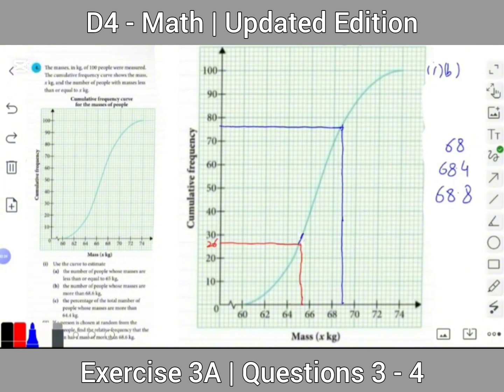Since each unit square is equal to 2 along the y-axis, here we have 70, 72, 74, 76. So the reading is 76, so the number of people whose masses are less than or equal to 68.6 kg.